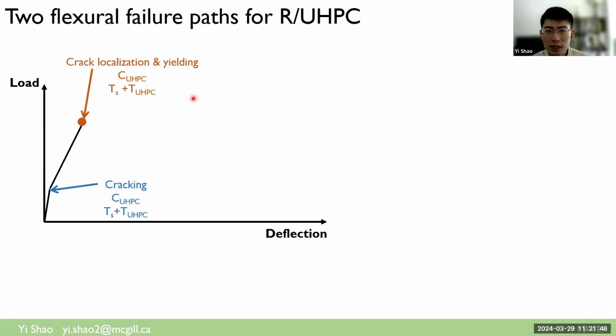So to summarize, we can observe that there are two different flexural failure paths for reinforced UHPC beams. Before cracking, we have concrete compression force, steel tension force, and UHPC tension force. And after cracking, the UHPC tension force is still here because the fiber bridging is providing the tension force across cracks until we reach a point of crack localization, which is typically very close to the yielding point of steel rebar.